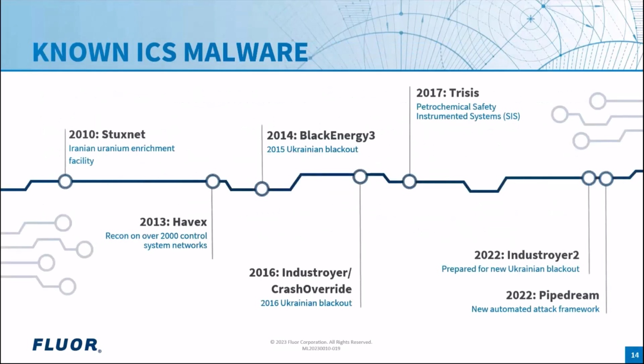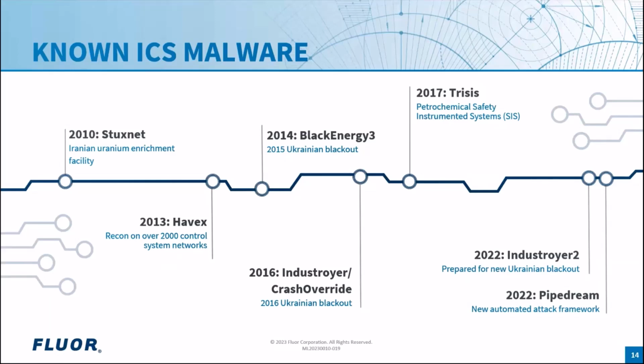And just to put a little final emphasis on the point about the number of attacks increasing over the years, you can see here that over time, we've only had 7 pieces of malware or viruses, if you want, that have been written by nation-state attackers to target control system environments. The very first that we learned of was in 2010, with the revelation of Stuxnet, which, when I first heard about it, is what got me interested in control system cybersecurity.